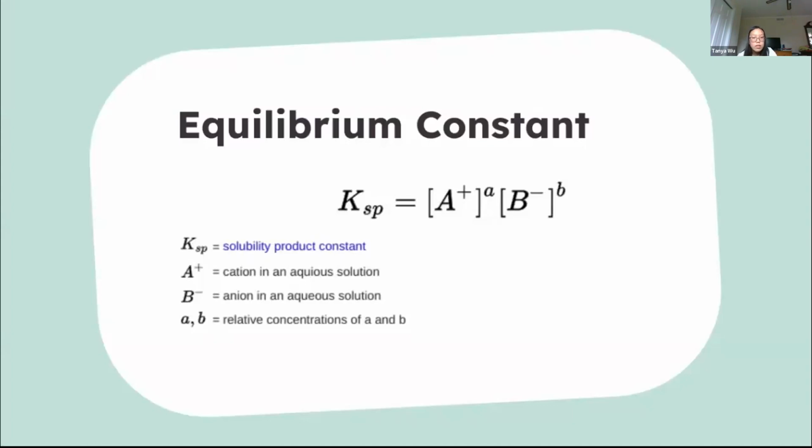So in this case, for solubility, the equilibrium constant would just be what it is when it's dissolved as much as it can. And how you calculate it is the concentration of the cation raised to its coefficient.